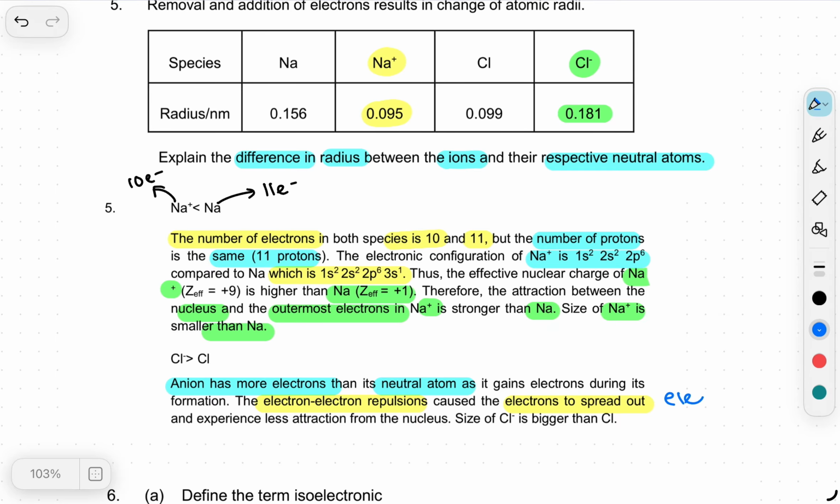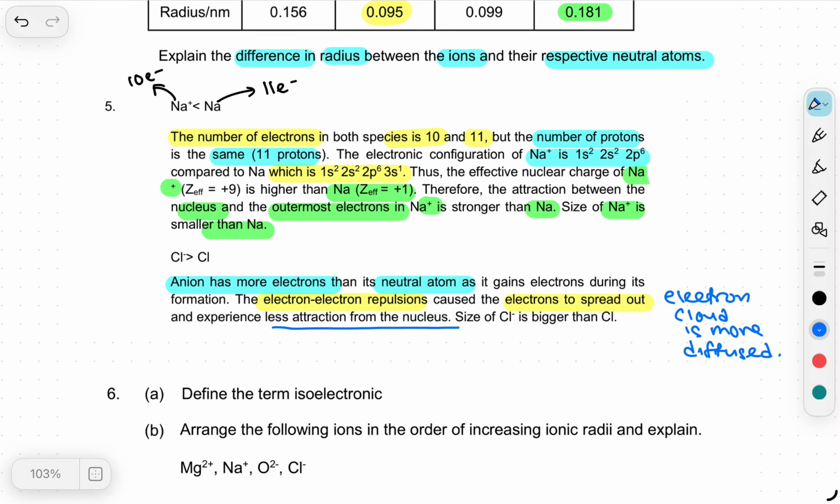We can say the electron cloud is now larger, or more diffuse. So you have a larger electron cloud, and you experience less attraction from the nucleus, hence the chloride ion is bigger than the chlorine atom. So, an explanation along that line.